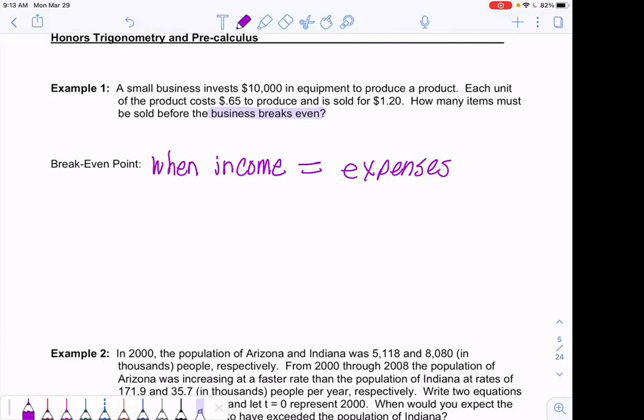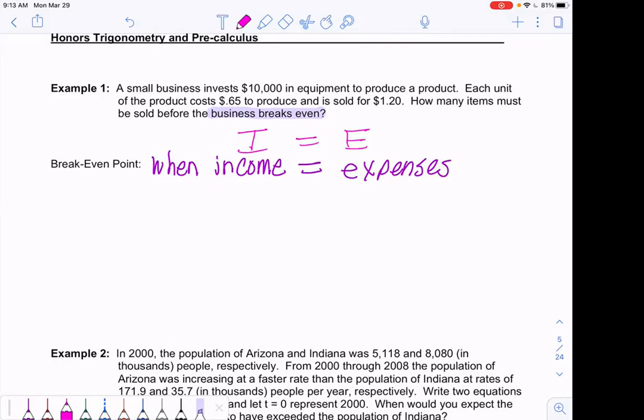So we want to try and create a system of equations to find the break-even point. So if you can think income should equal expenses, then I can create a system of equations to reflect that break-even point, when my X and my Y give me a value where I'm not earning money, but I'm also not losing money.